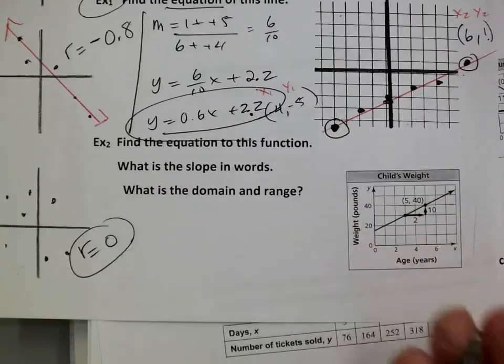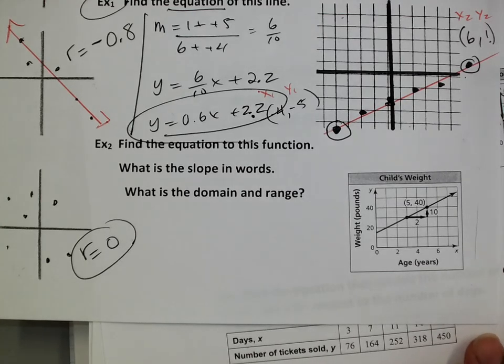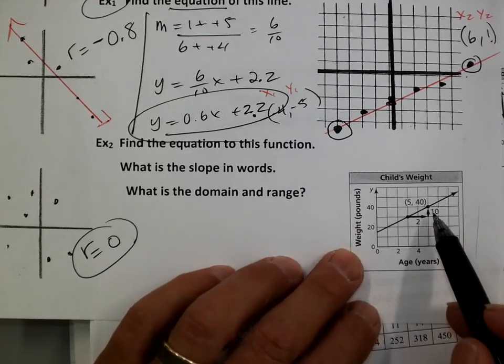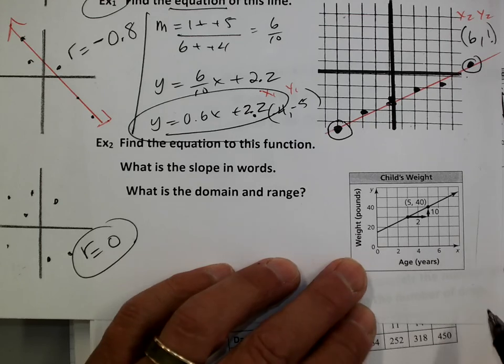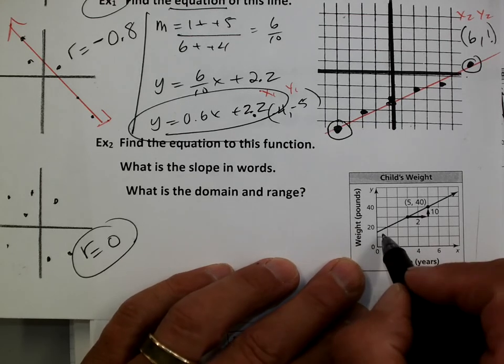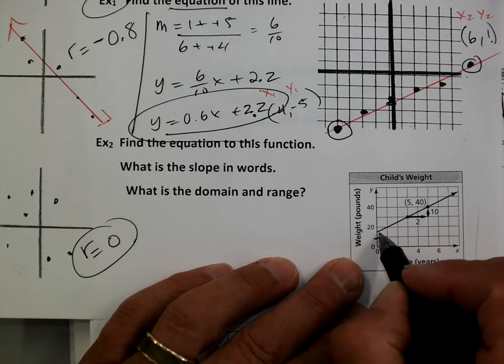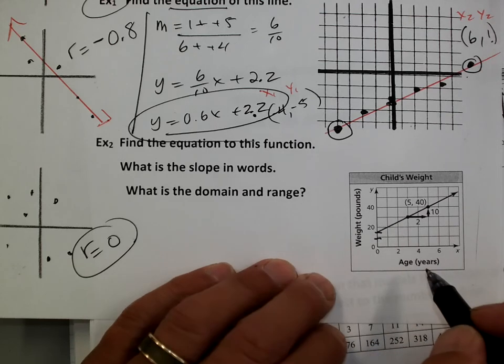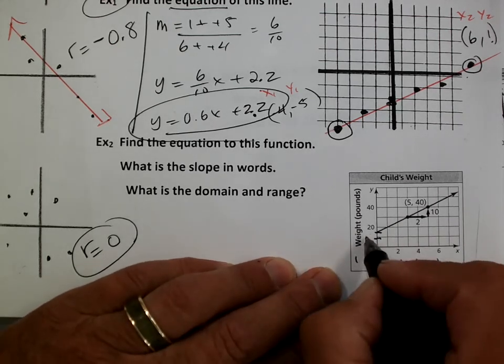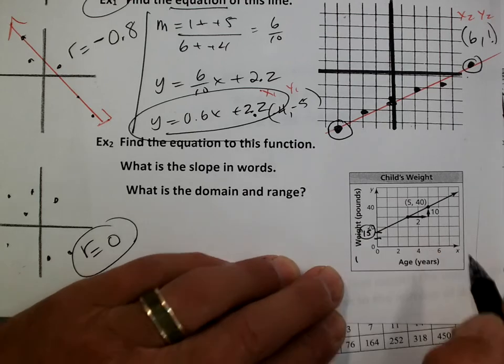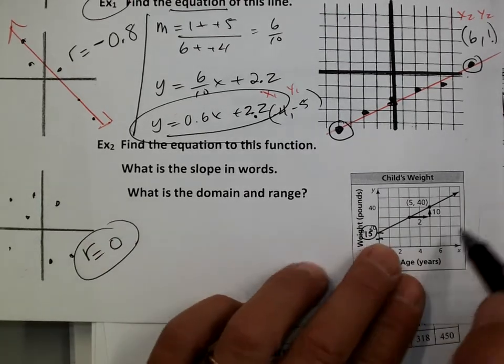Example 2, we actually have a graph. It looks to me as if it crosses at, let's see, 10. I'm going to say maybe 15. I'm going to say that's about 15 for the y-intercept. And the slope, let's see, the slope is rise over run.